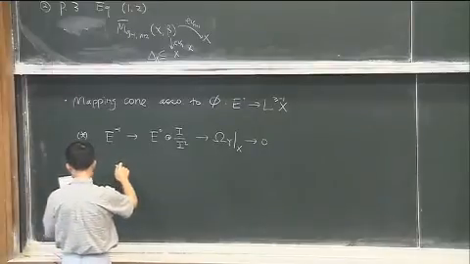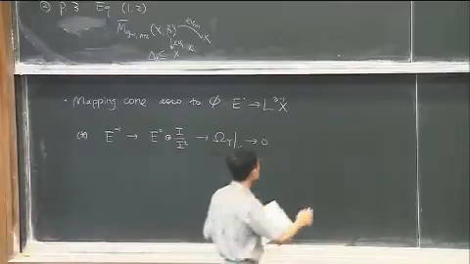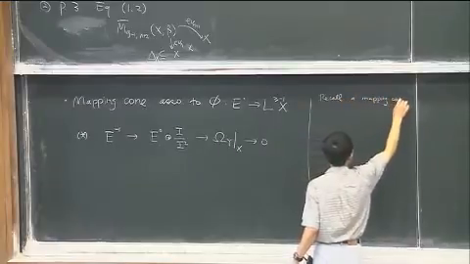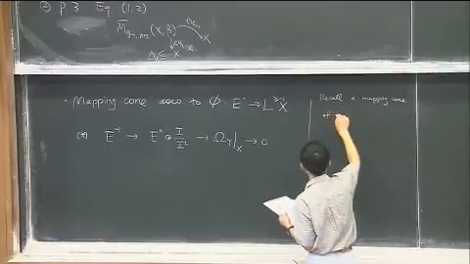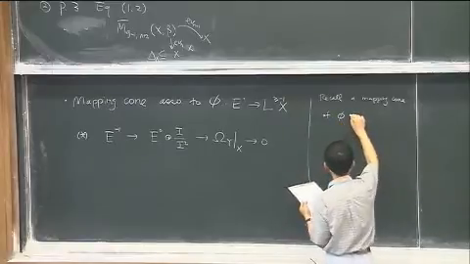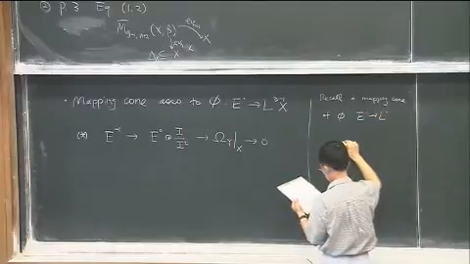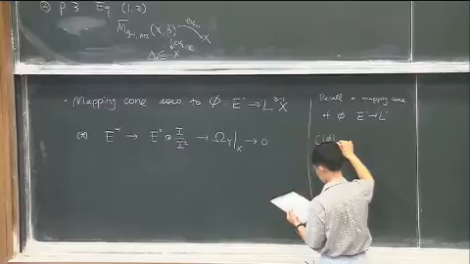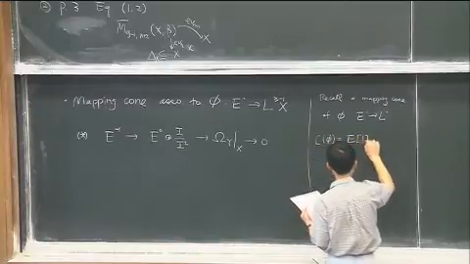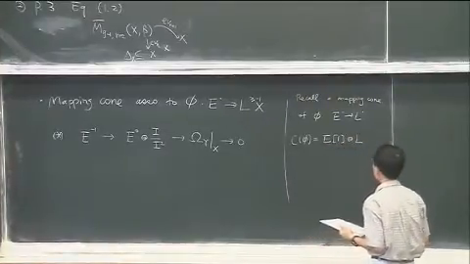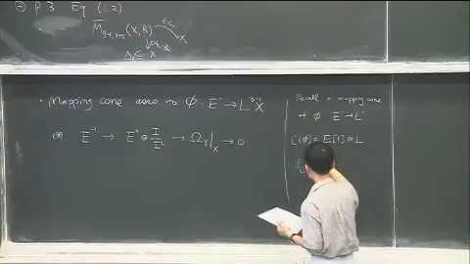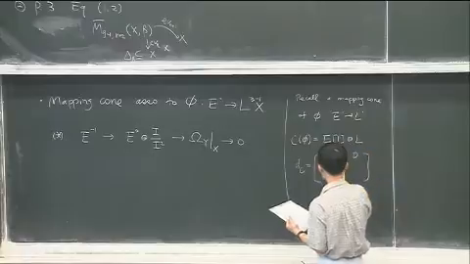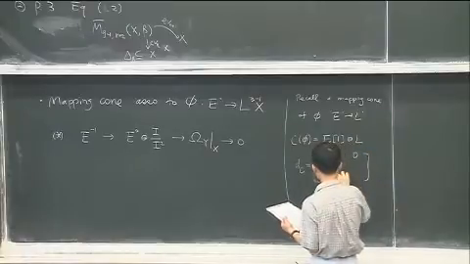Maybe we call it the mapping cone. I'll call it the cone of phi, so it will be E shifted by +1, plus L, and the differential in C will be a matrix: d_E, 1, 0, and 1, d.